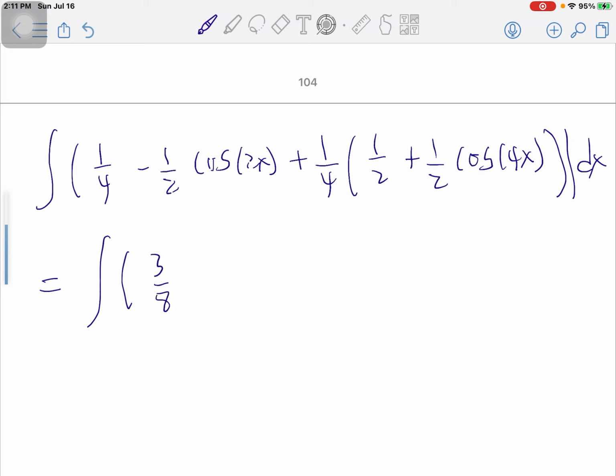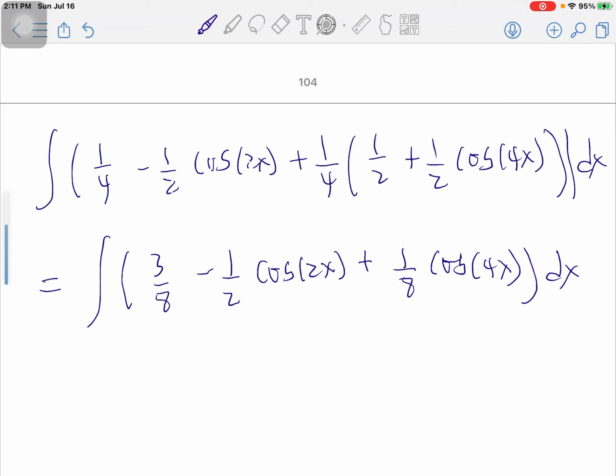So doing your simplification, the result is going to be 3 over 8 minus 1 over 2 cos 2x, then plus 1 over 8 cos 4x, and don't forget that they are all dx. You just multiply this one through by this.